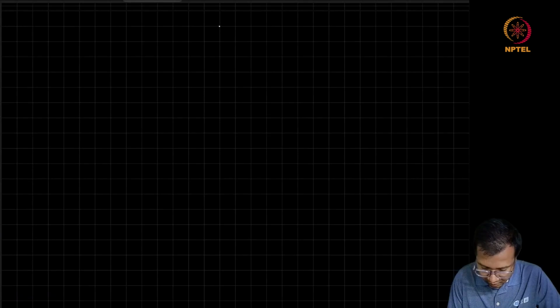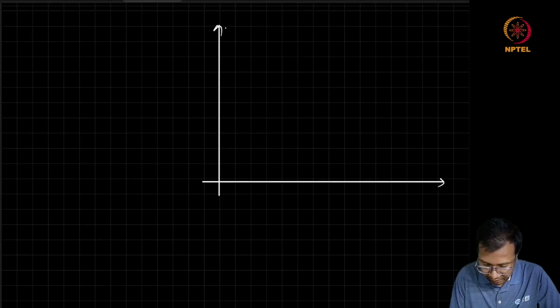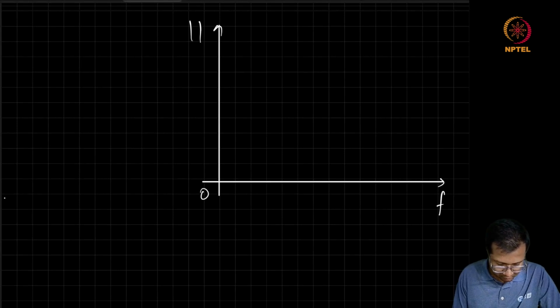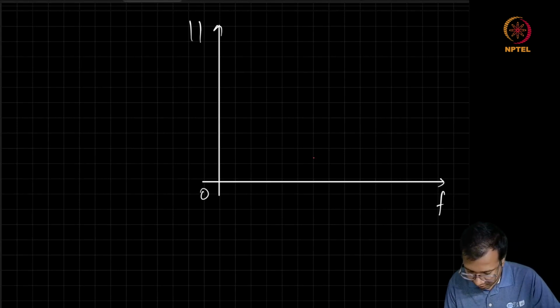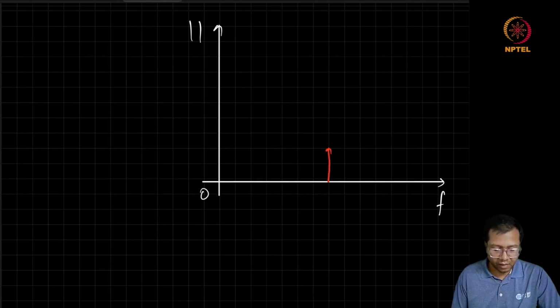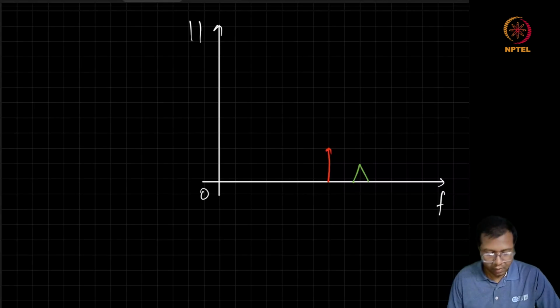So if I redraw the spectrum, where let's say we have FLO here, and instead of showing the entire band, let me just show you one channel which we are trying to down convert, and later on to pass it through the channel selection filter.